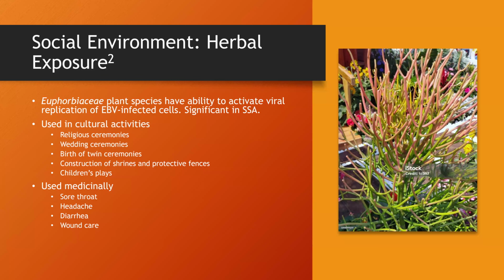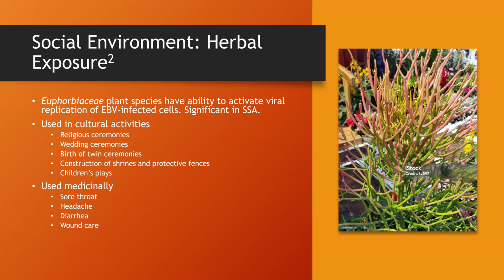This is especially significant because in the sub-Saharan African region, this plant is used in many cultural activities, including religious ceremonies, wedding ceremonies, birth ceremonies, children's plays, and even in construction.